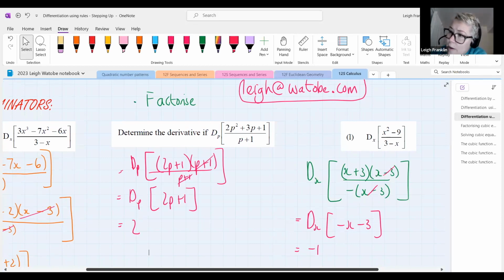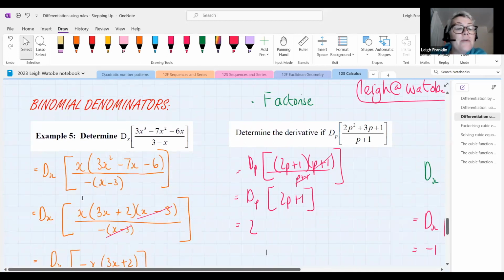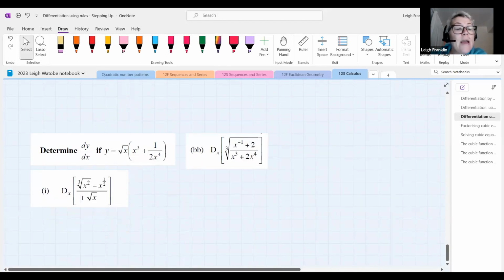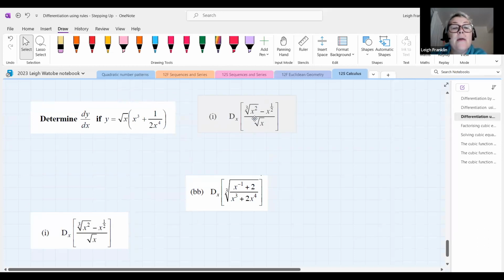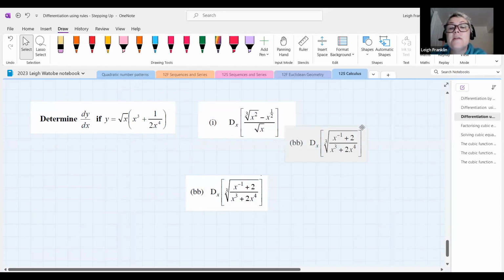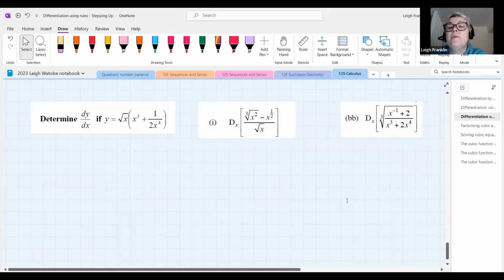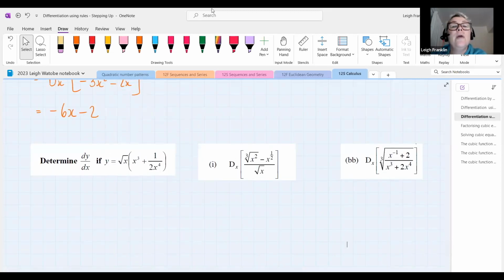It's your second question after they've asked you to do first principles. That's what we're doing at the moment, differentiation by rules. Here I've got some practice questions for you. You can try this one, and then there's a nice difficult one there as well that you can try.